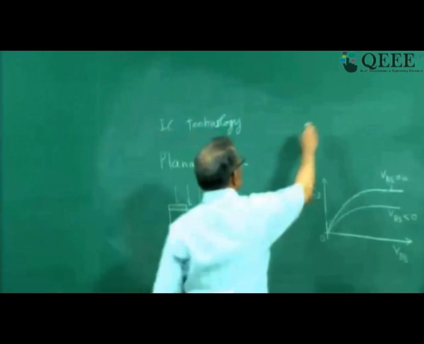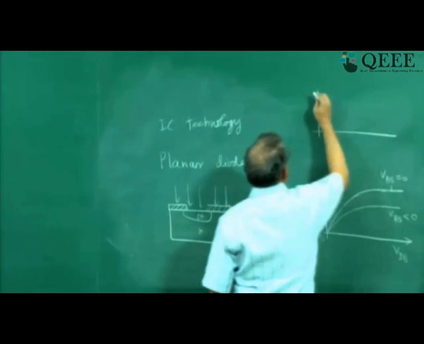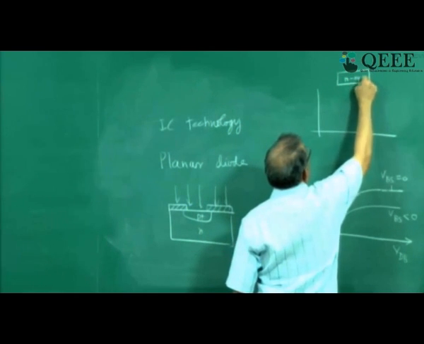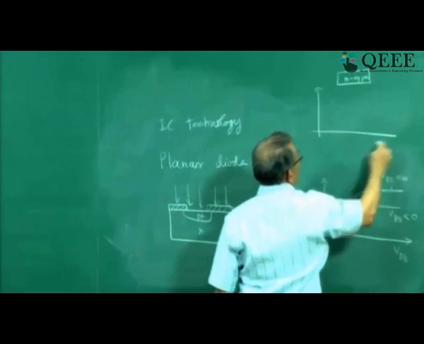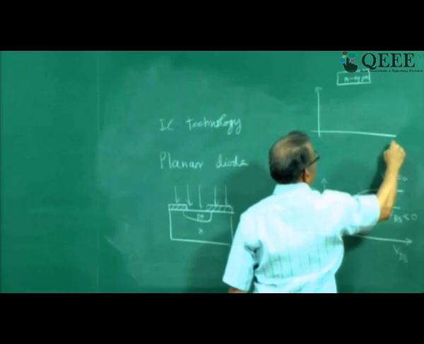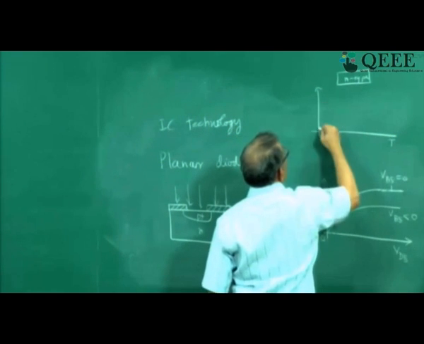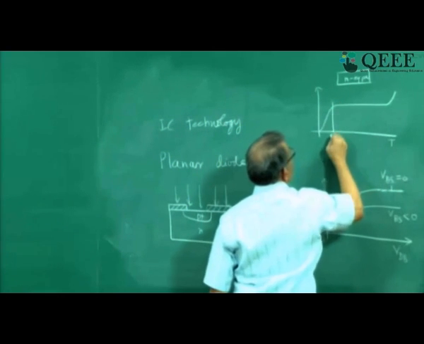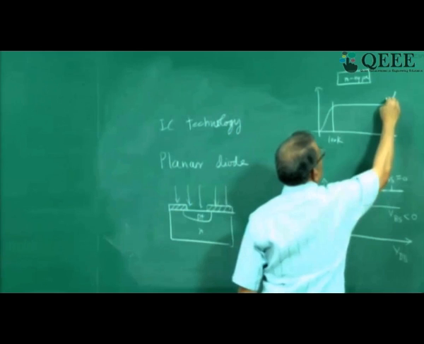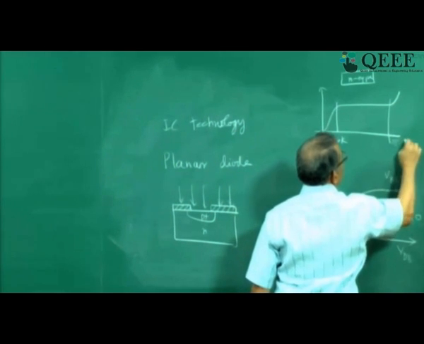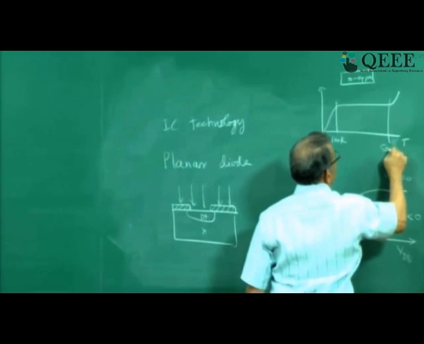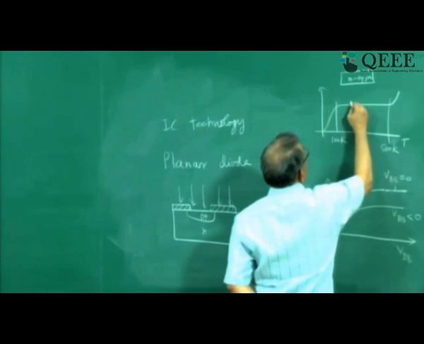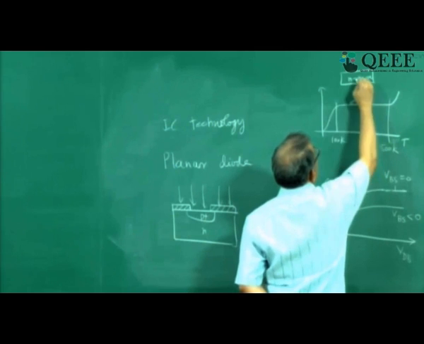For example, supposing I take an N-type semiconductor and plot electron concentration versus temperature, the picture would be something like this. This one will be about 100 K, this one may be about say 500 K. So in this range, this is electron concentration in N-type semiconductor.